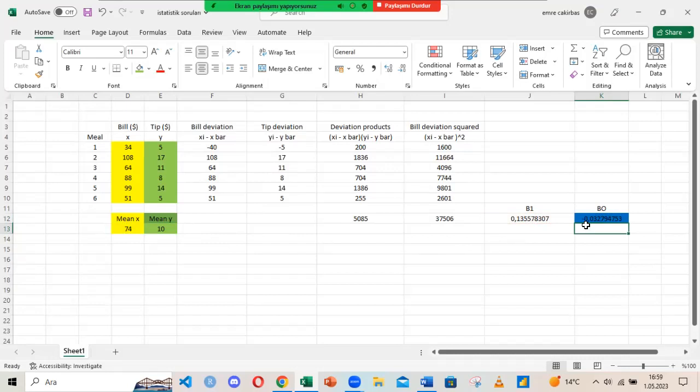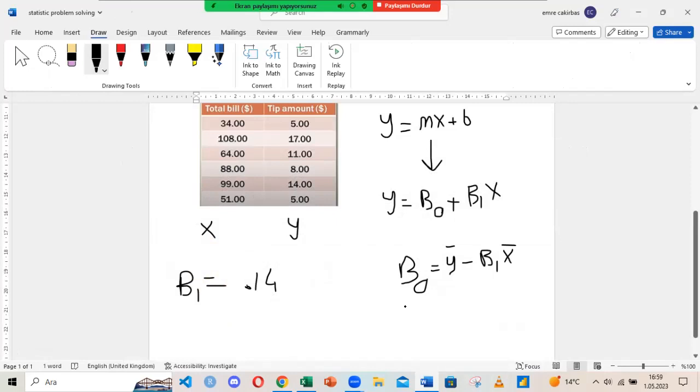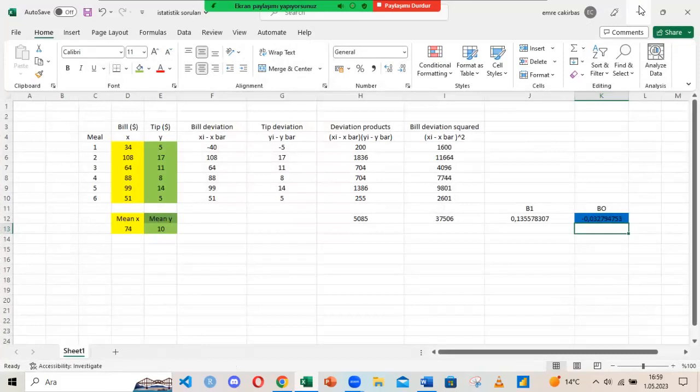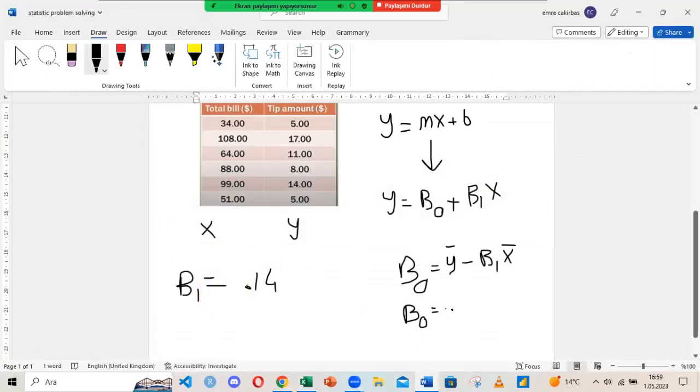And I will get 0.3279 and so on. I can write 0.033 approximately.